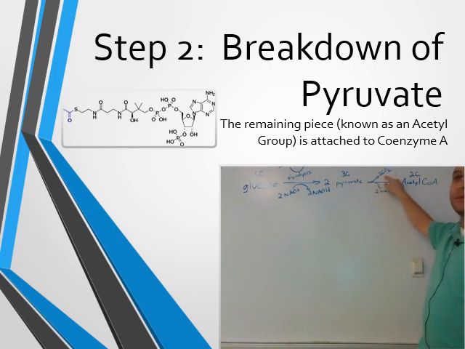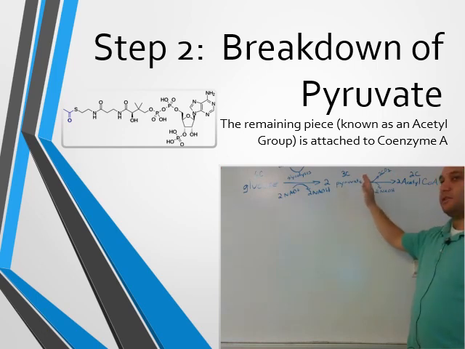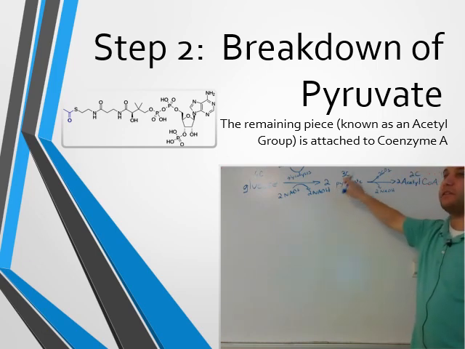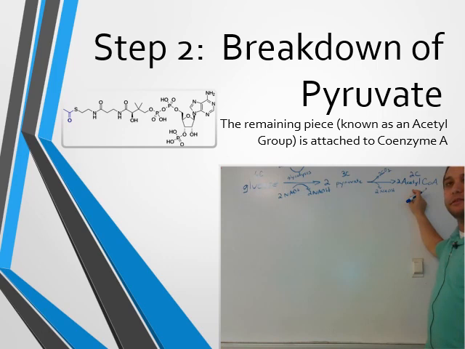You cut off carbon dioxide, which has 1 carbon in it. So now you go from 3 minus 1 is 2. Why is there 2? Because there are 2 pyruvates. So they each release carbon dioxide to produce 2 acetyl coenzyme A. There are 4 carbon total, but 2 carbon in each molecule.